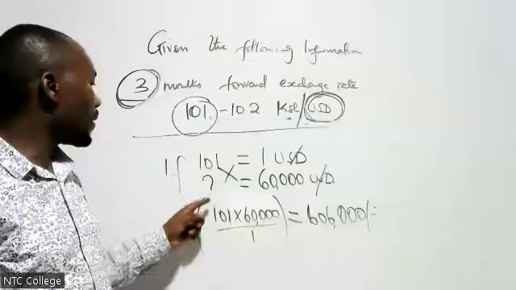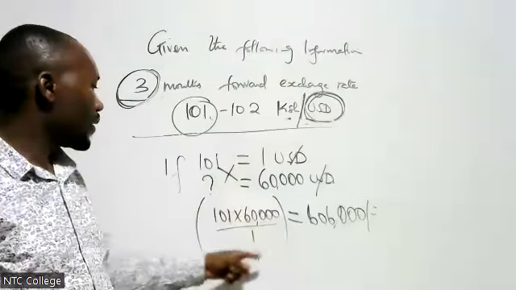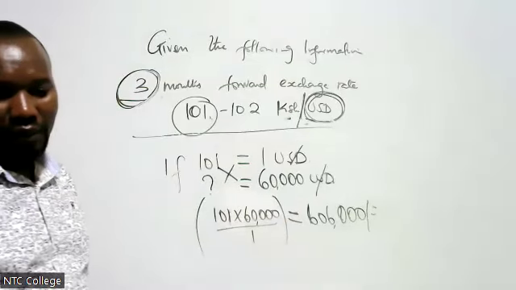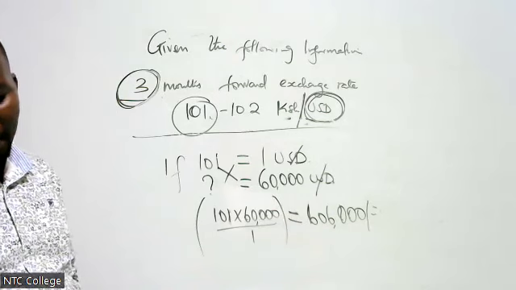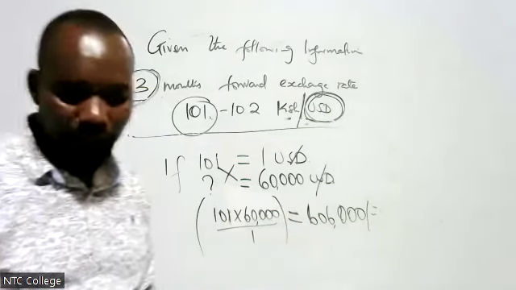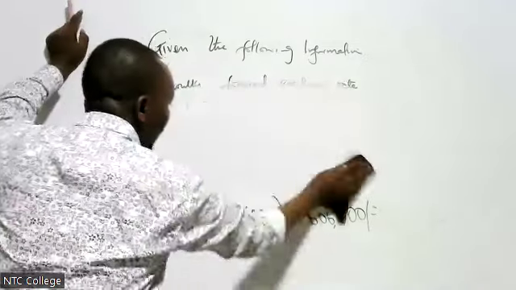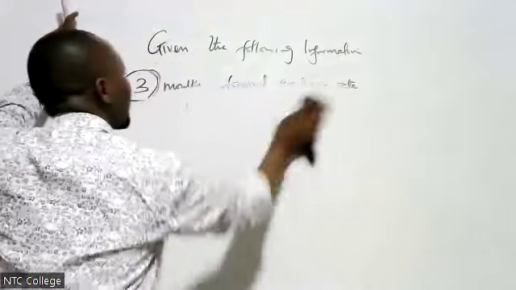It is 101 times 60, cross multiplication, all over 1. That is 606. Okay? We shall do more explanation, more examples.